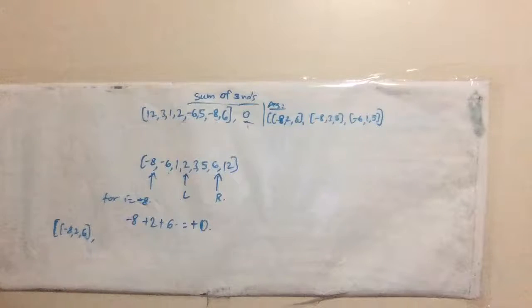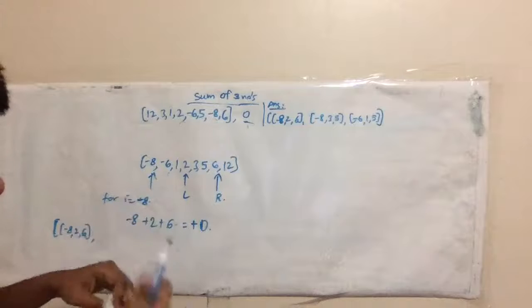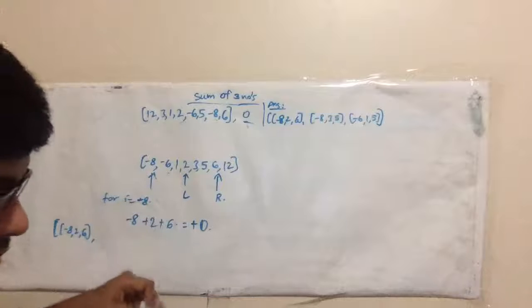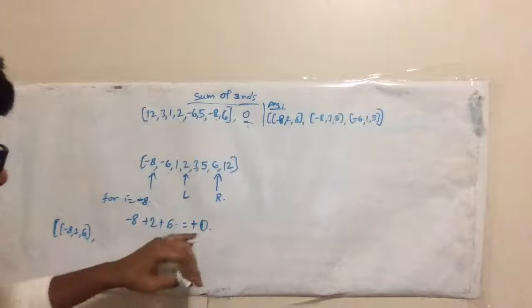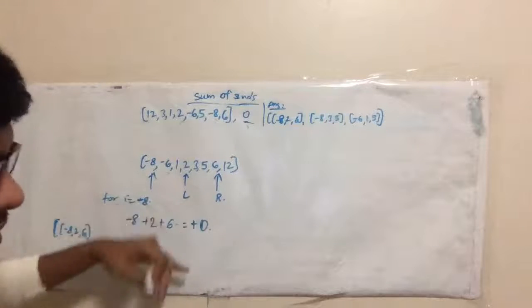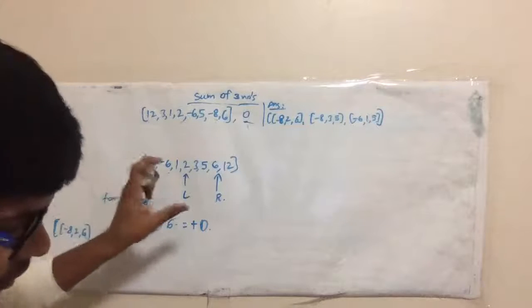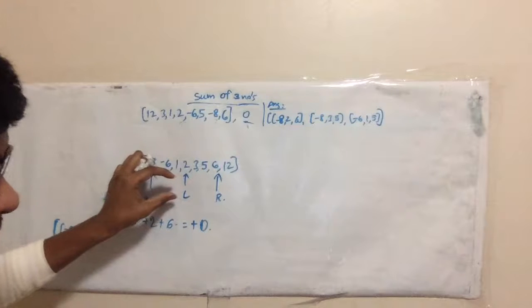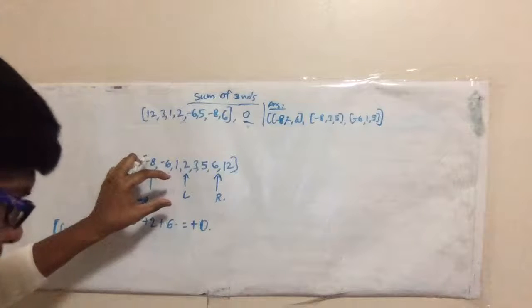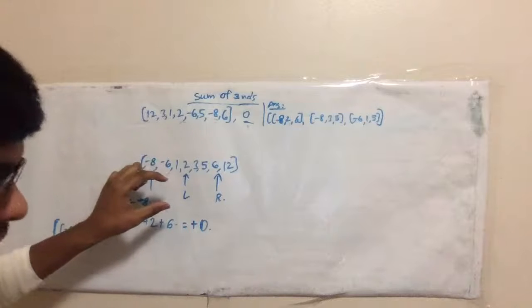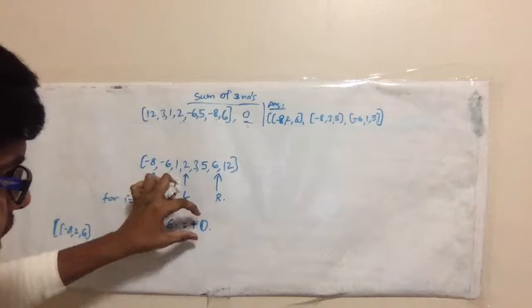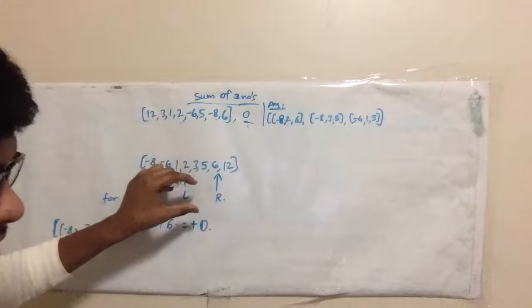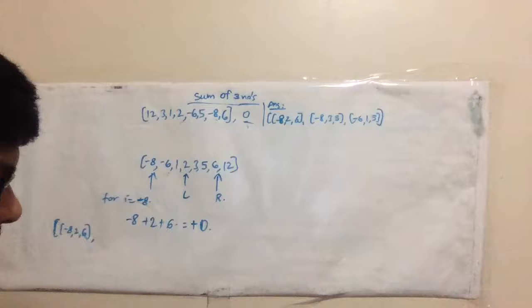So to check further possibility, you cannot move one pointer at a time now, because what will happen? We already got the 0 with these numbers, the sum. If you move just one pointer, what will happen? If you move the left pointer, the sum would actually increase, which we don't want. If we just move the right pointer to the left, the sum would actually decrease.